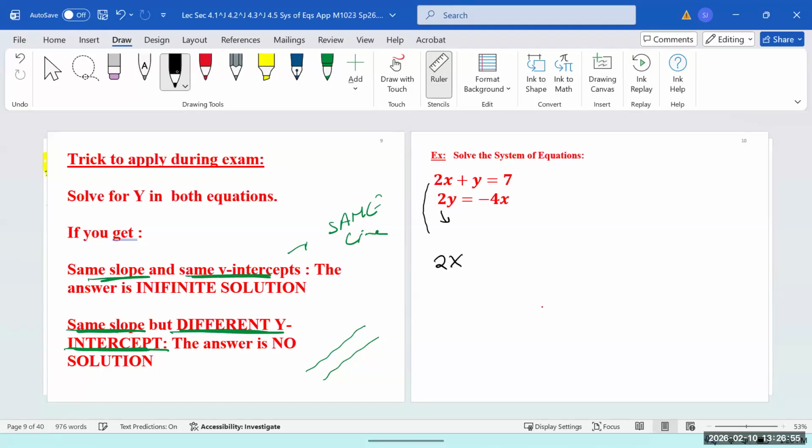So you have 2x plus y equals 7. And what did you do to move the 2x? Did you add, subtract, multiply, divide? You have to put negative 2x on both sides, so it gets canceled out. So you're subtracting.